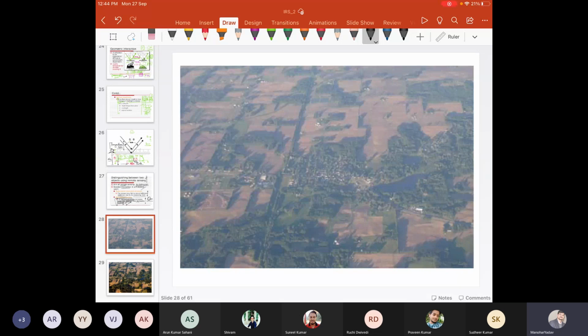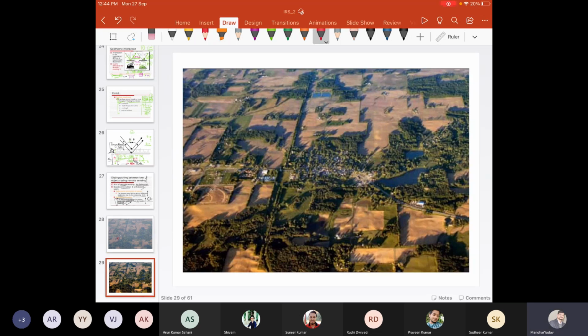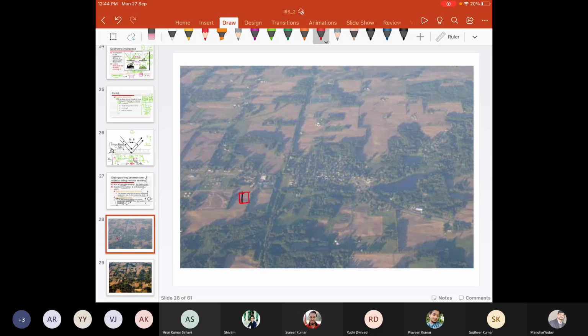Just see over here. If we select two grids, one grid here, and the second at the same location, what happens? Somewhere here the sensor is located.